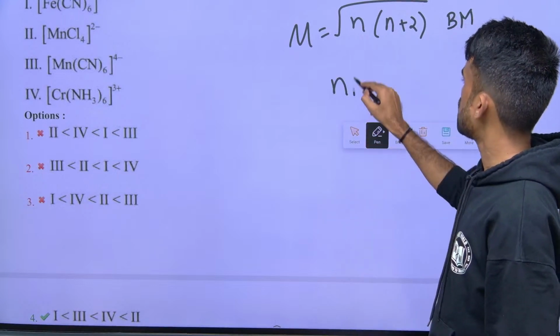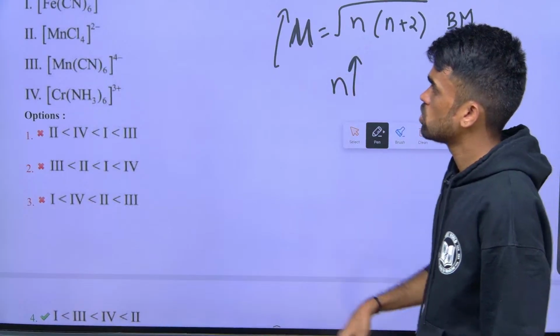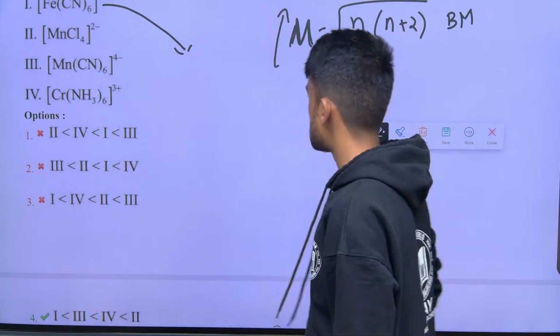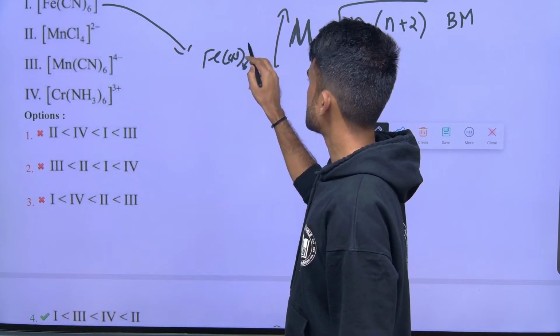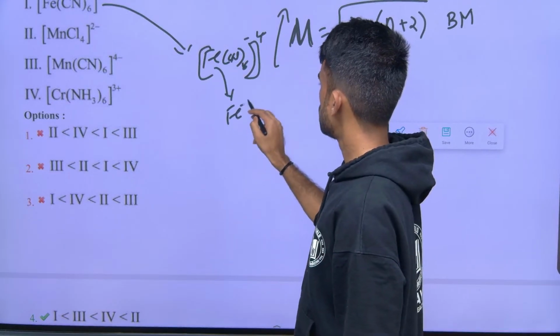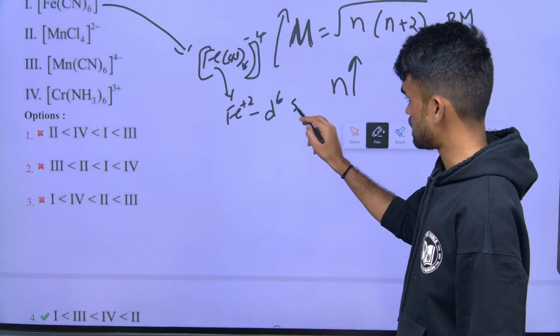The more unpaired electrons, the more the magnetic moment value. Here, in the Fe(CN)6 complex, we have Fe plus 2 with d6 electronic configuration, d6 s0.